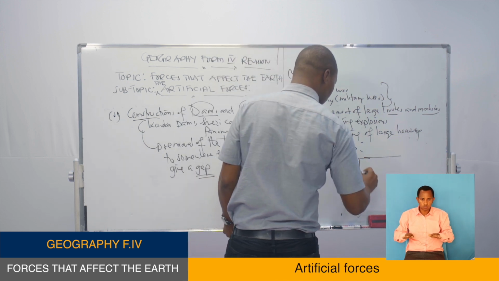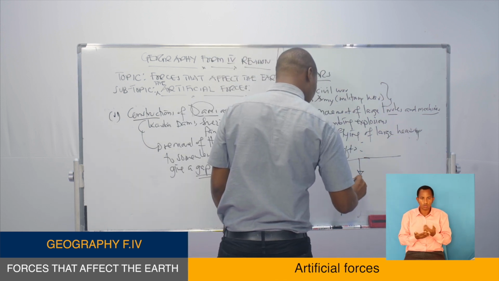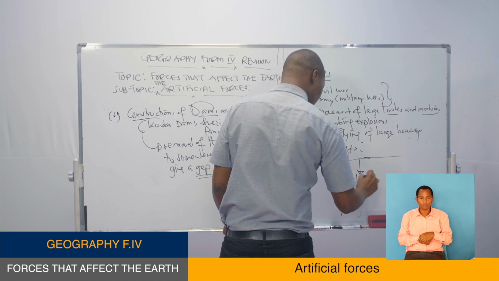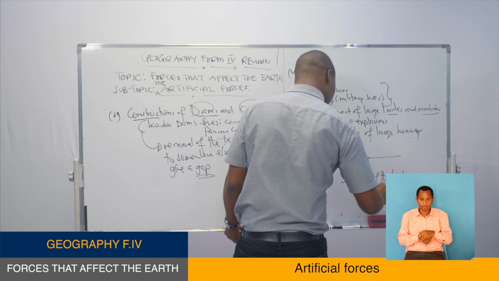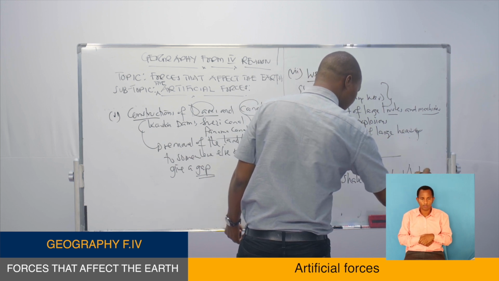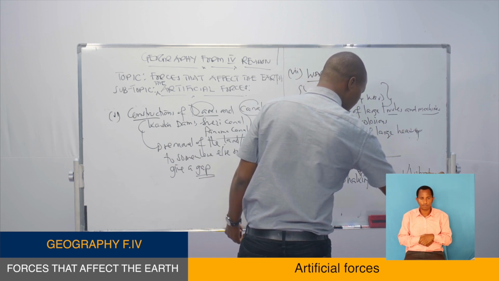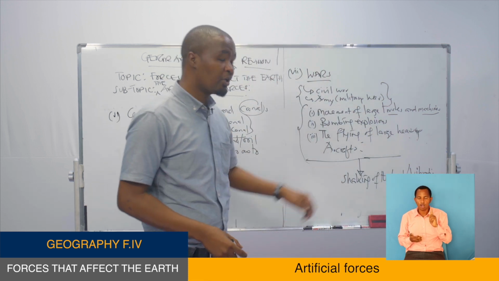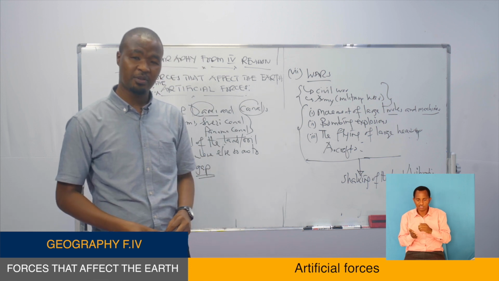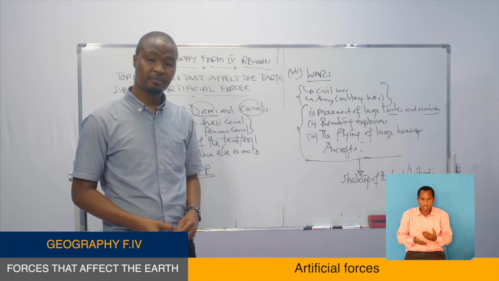They may result to what? To the shaking of the land, vibration of the land, which in one way, either direct or indirect, may trigger off the occurrence of volcanic eruption, earthquake.